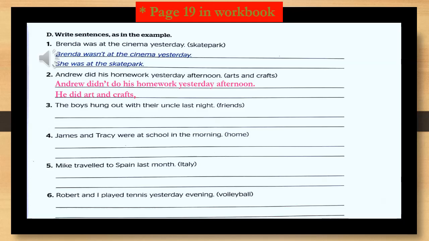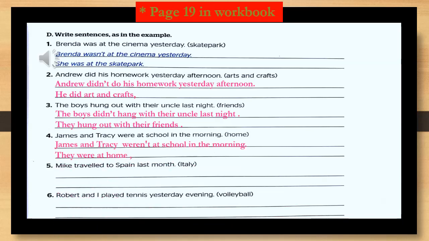Number 3. The boys hung out with their uncle last night. Friends. The boys didn't hang out with their uncle last night. They hung out with their friends. Number 4. James and Tracy were at school in the morning. Home. James and Tracy weren't at school yesterday. They were at home.